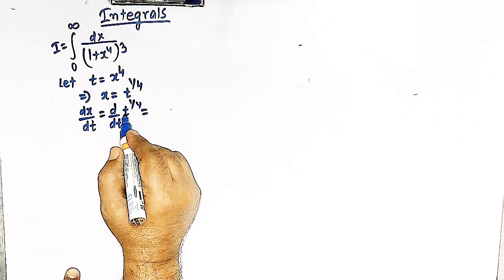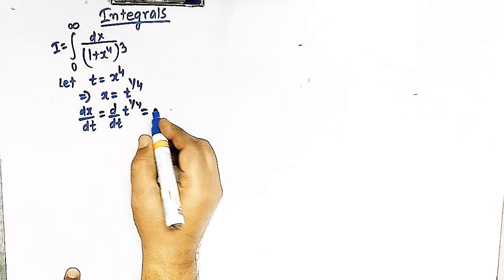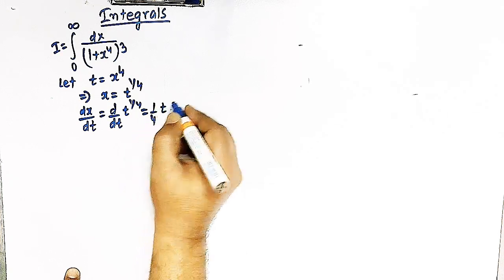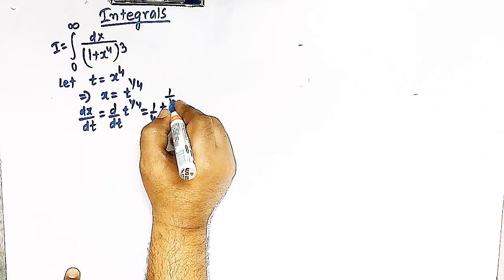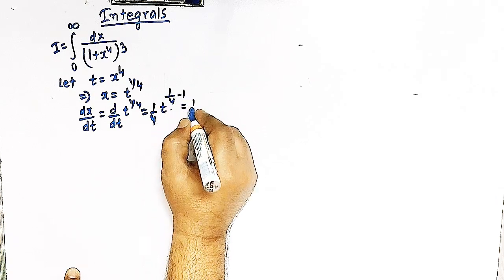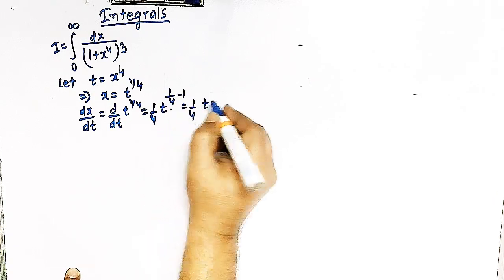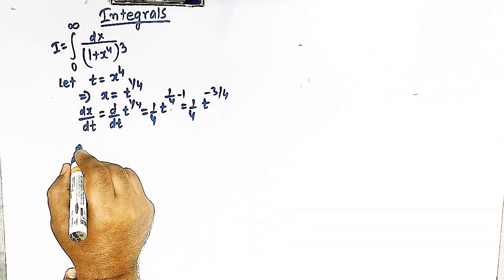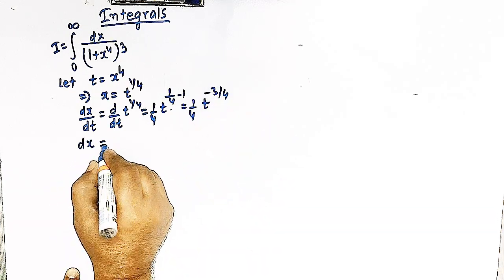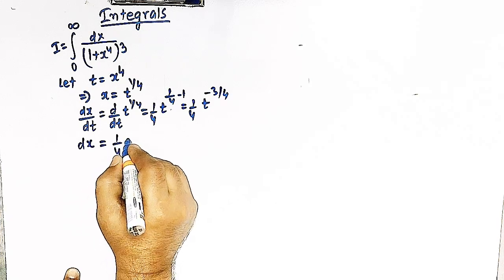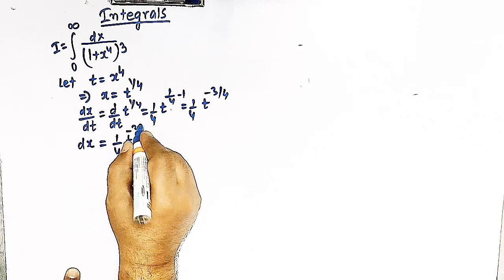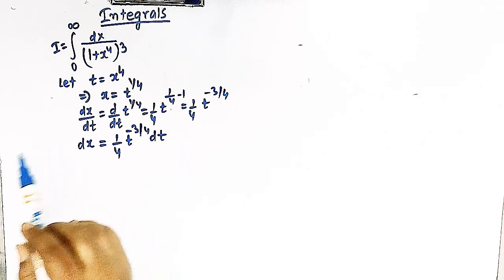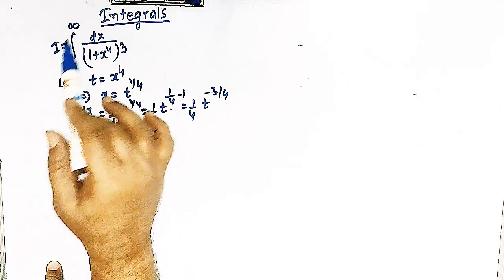The derivative of t raised to 1 over 4 with respect to t is given by 1 over 4, and here we have t raised to 1 over 4 minus 1, that is 1 over 4 t raised to minus 3 over 4. So now we can write dx is equal to 1 over 4 t raised to minus 3 over 4 dt.